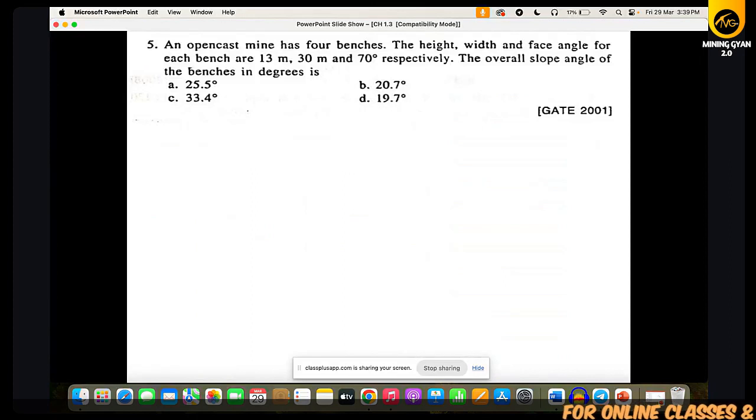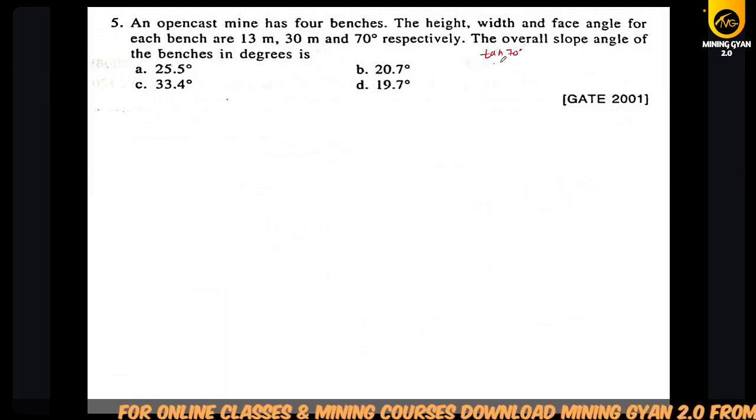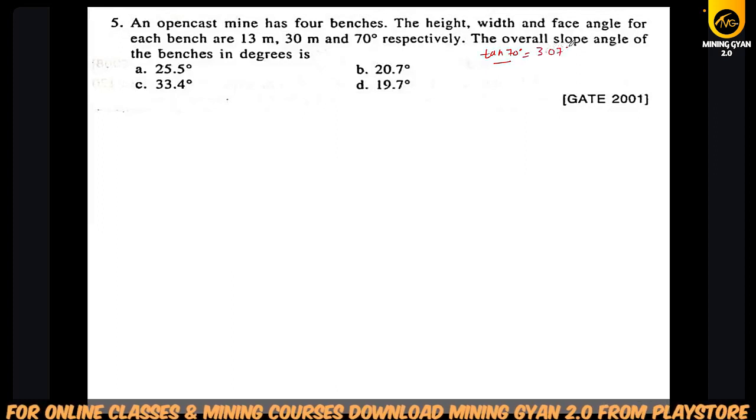Please write down the tan 70 value. You have approximately 40 seconds, then I will start to solve this question. Take the value 3.077 and try to give me the answer.